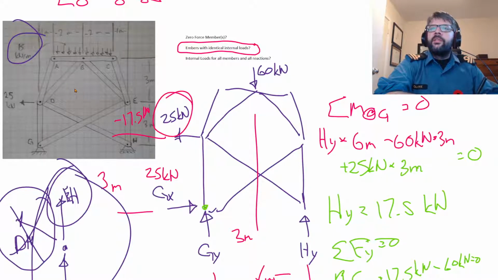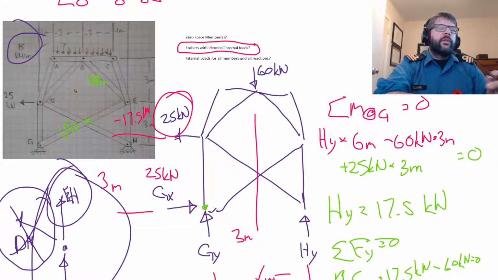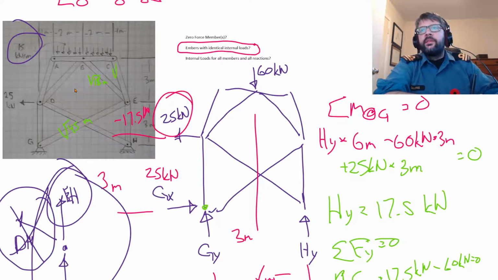So the length of GE is going to be the square root of 6 squared plus 3 squared, so that'll be root 45 meters. BE and DB, square root of 3 squared plus 3 squared, so it's going to be root 18 meters. CE, square root of 3 meters squared plus 1 meter squared, so that's going to be root 10 meters.